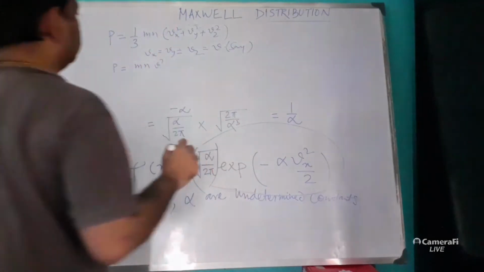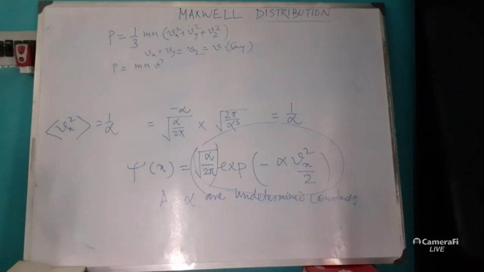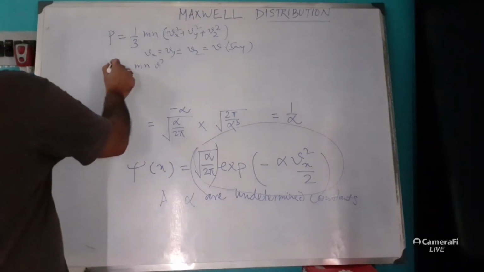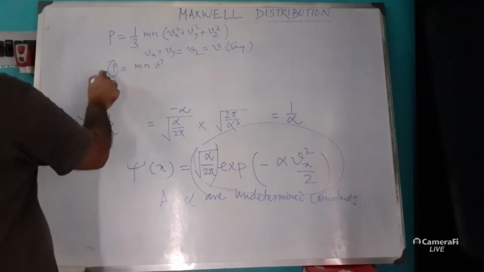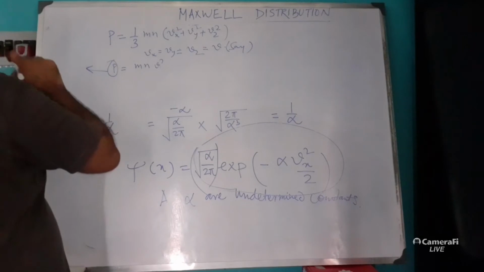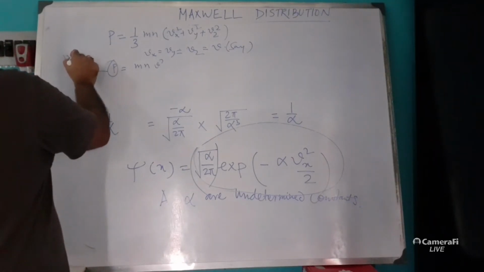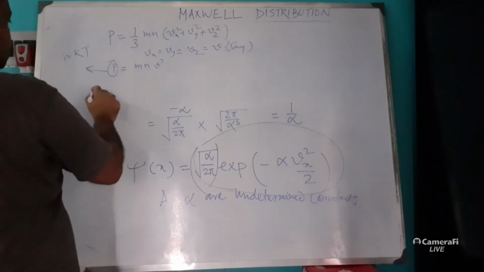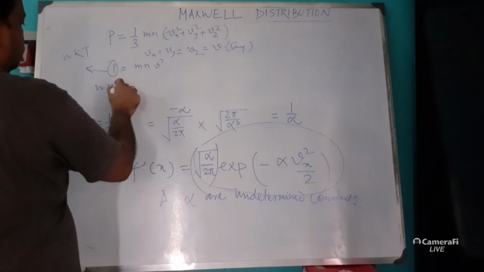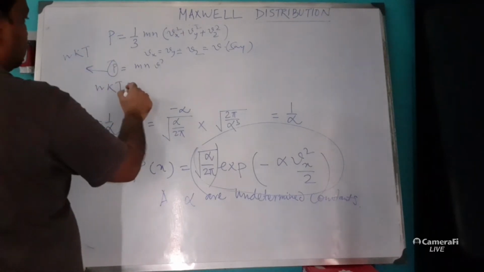If we assume that all the component velocities along these directions are the same, Vx is equal to Vy is equal to Vz, then from another pressure equation, from the equation of state, we have P is equal to N k T, where k is the Boltzmann constant.